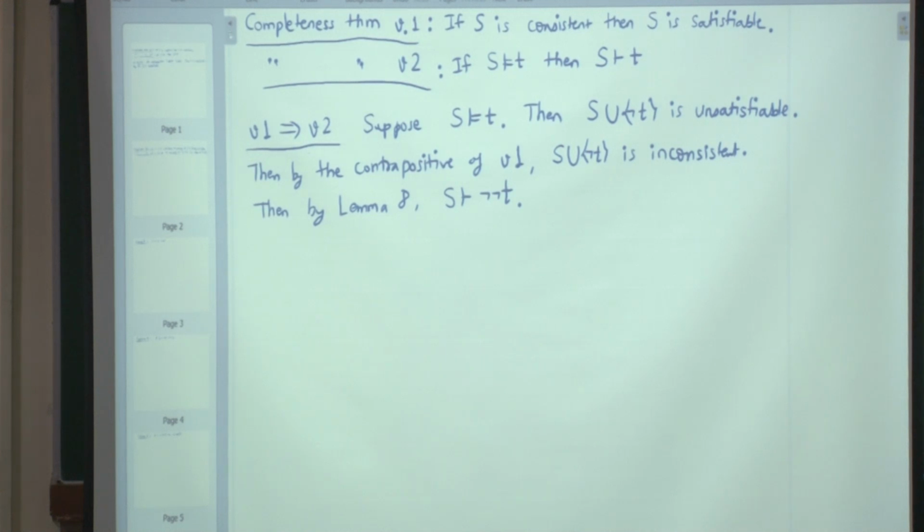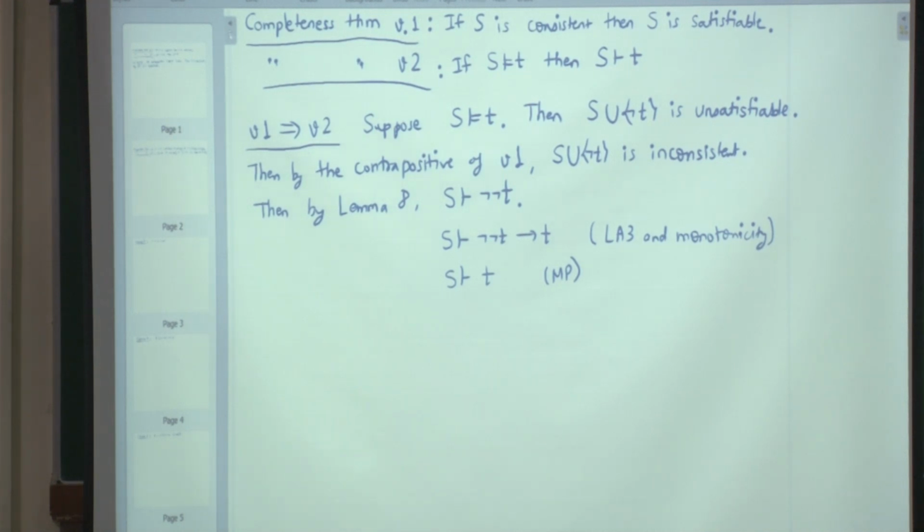LA3. By LA3 and monotonicity, this happens, and as a consequence we get this. So don't lose track of information. Whatever is given.